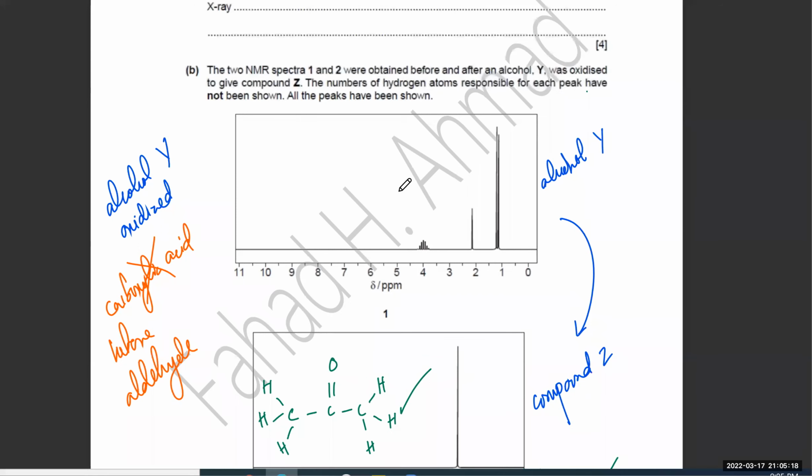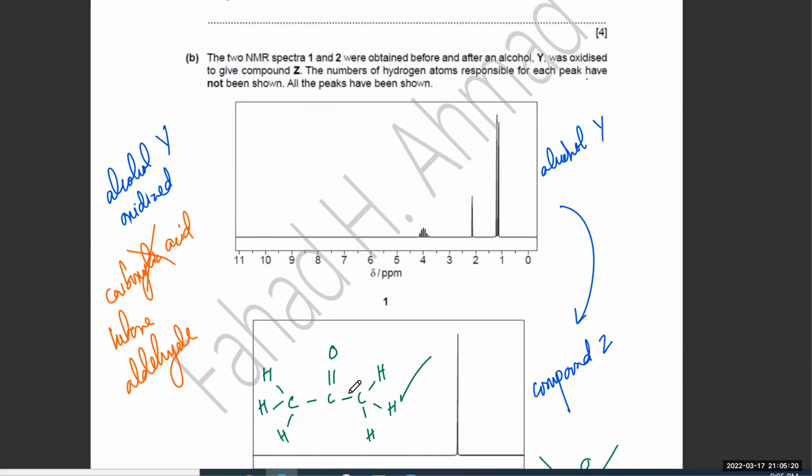And what type of alcohol is it made from? It's going to be made from a secondary alcohol. So that means there would be 3 H's here as well, and the middle part would be H and OH, right? So is this spectrum matching this one?